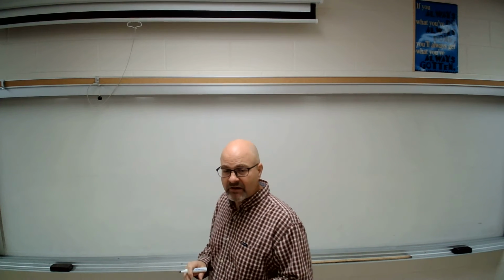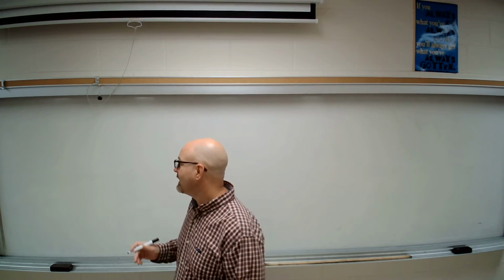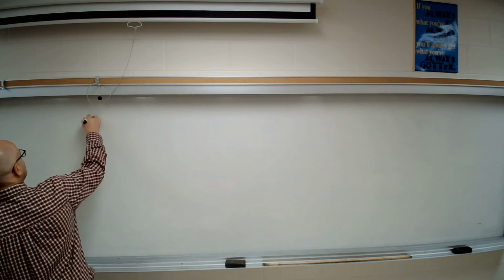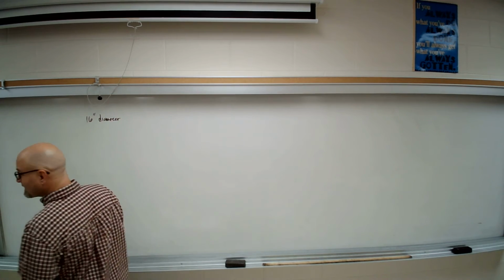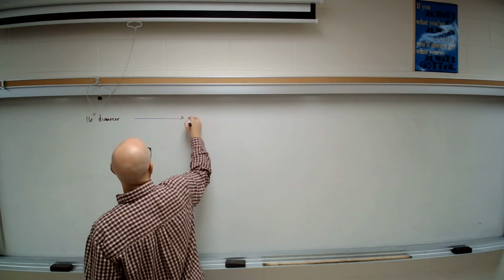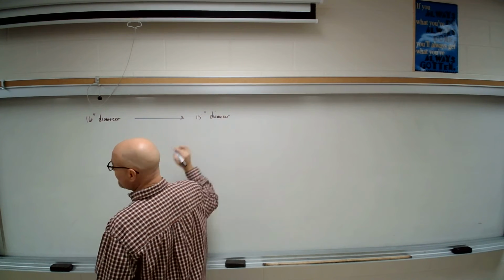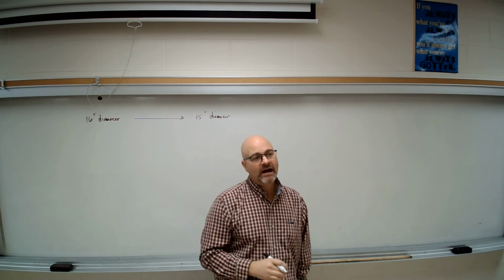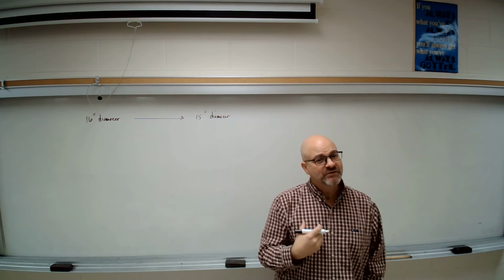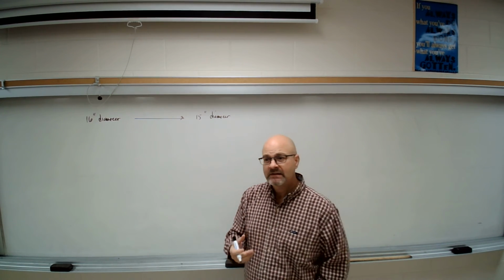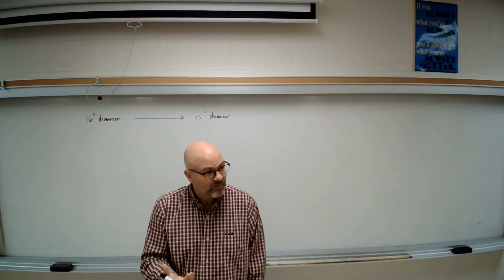So this also kind of brings us back to some equations. We have a 16-inch diameter, and it has some area, and we want to go to a 15-inch diameter. And we want to see what kind of change this makes, what kind of differential we get. Well, we're interested in area, correct? The formula I know for area is pi r squared, the one I always tend to use.